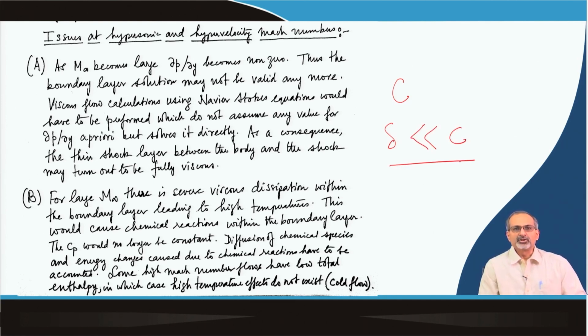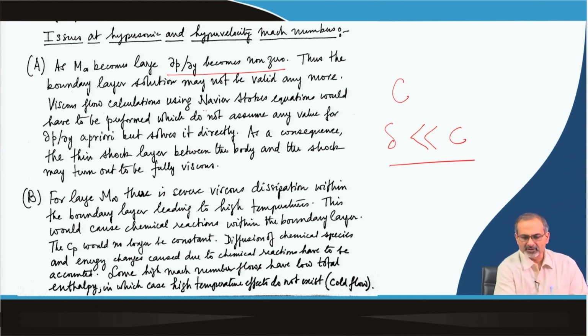Now, let us discuss some issues at hypersonic and hypervelocity Mach numbers, which will have an impact on the boundary layer theory that we are trying to develop. So, as M infinity becomes large, we know that del p del y becomes non-zero, and therefore, the boundary layer solution will not remain valid anymore.